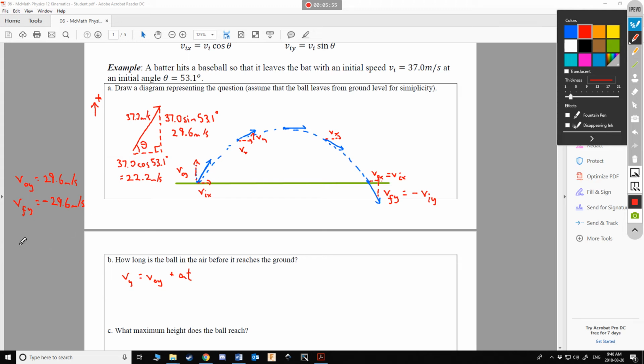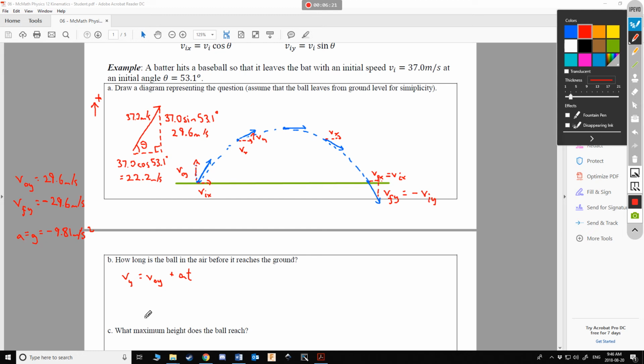And acceleration is just equal to gravity. But because we defined down as negative, because up is positive, we have to make sure we don't forget that sign: negative 9.81 meters per second squared. So we're going to find out how long it takes for the velocity to go from positive 29.6 all the way to negative 29.6.